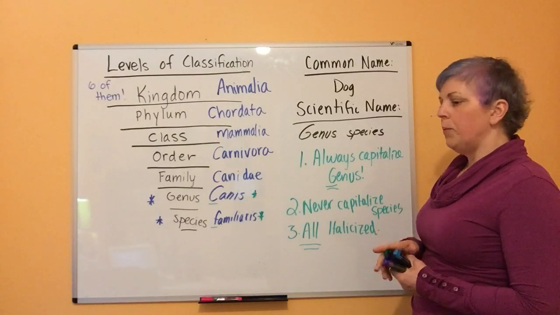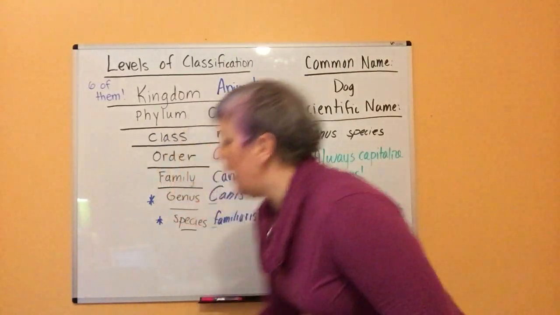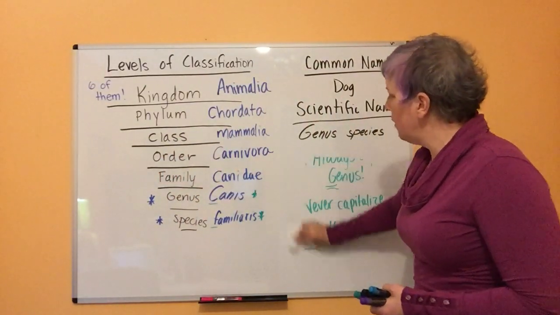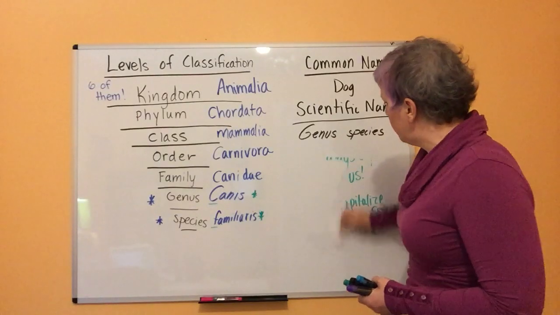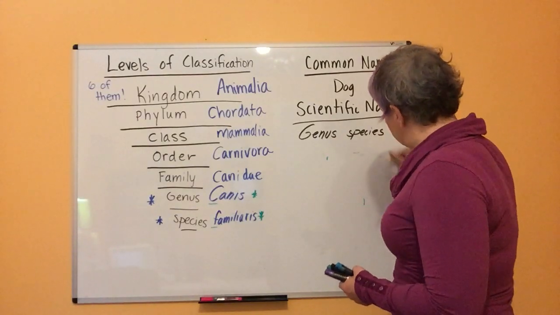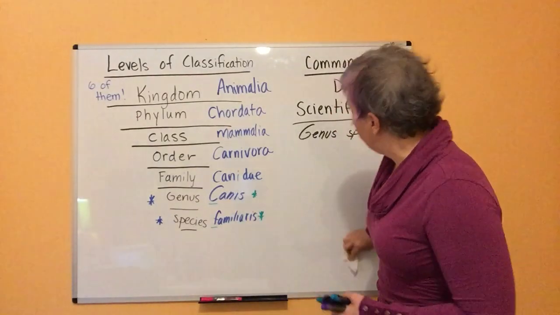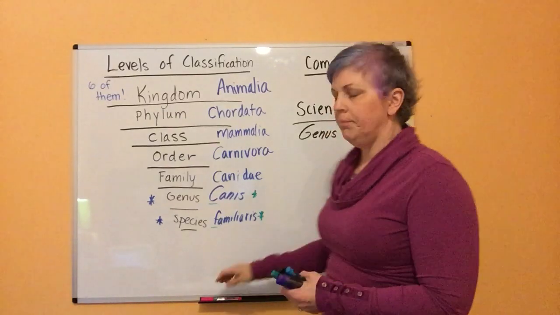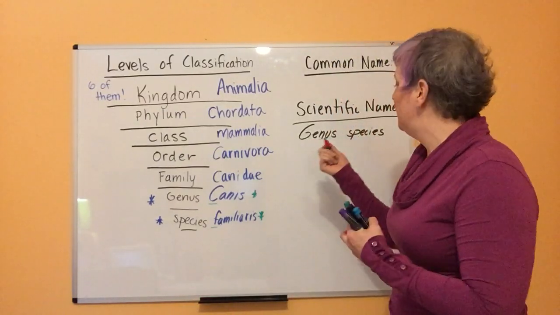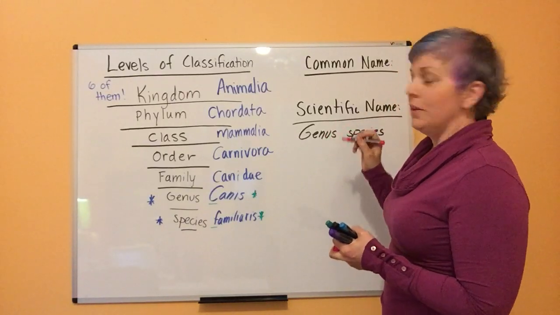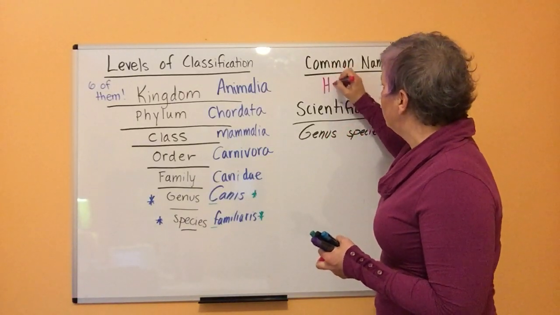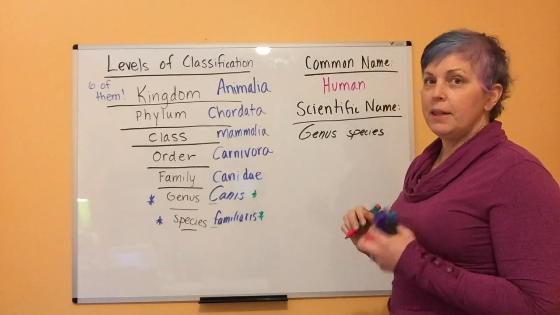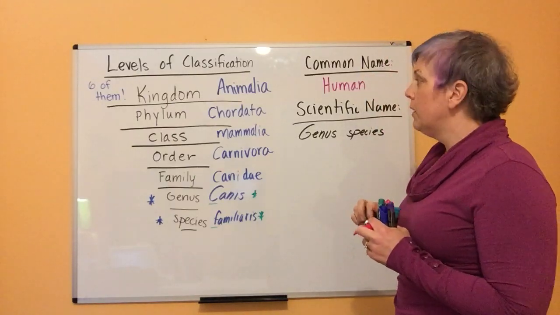So I want to quickly ask if you know what our scientific name is for the species that we are a part of. So our common name is what? I hope you all know this. We are humans, right? So that's our common name, but that is not our scientific name.